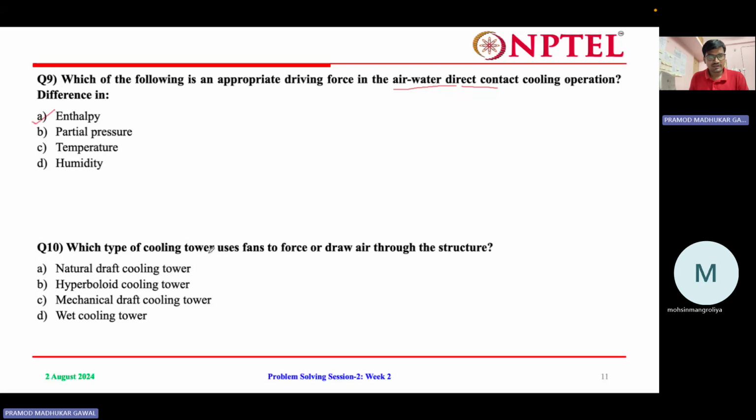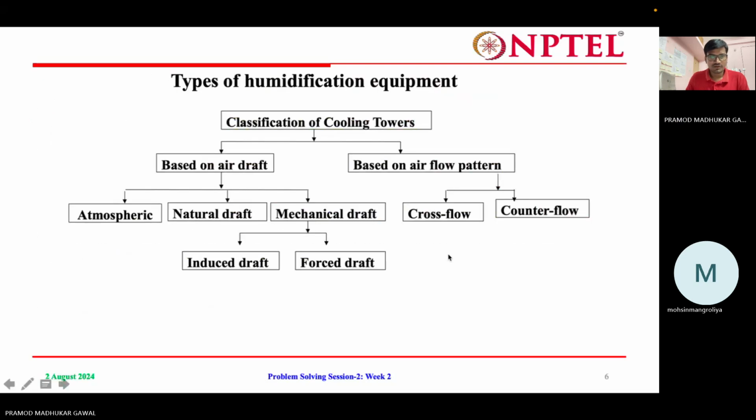Question: which type of cooling towers use fans to force or draw air through the structure? In this type of cooling tower the fans are used, like mechanical drafts.